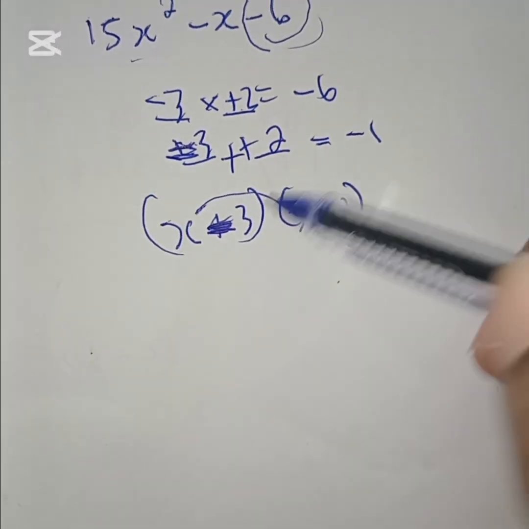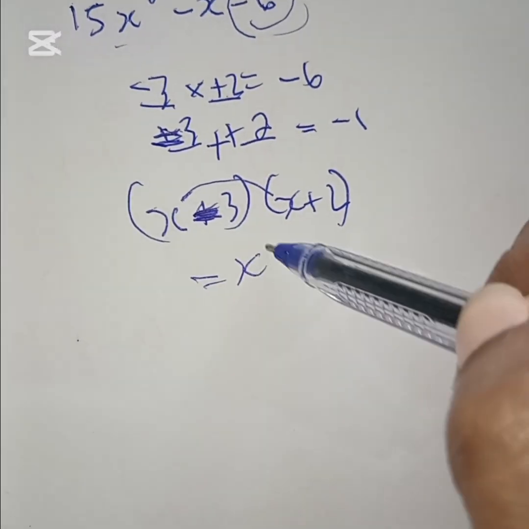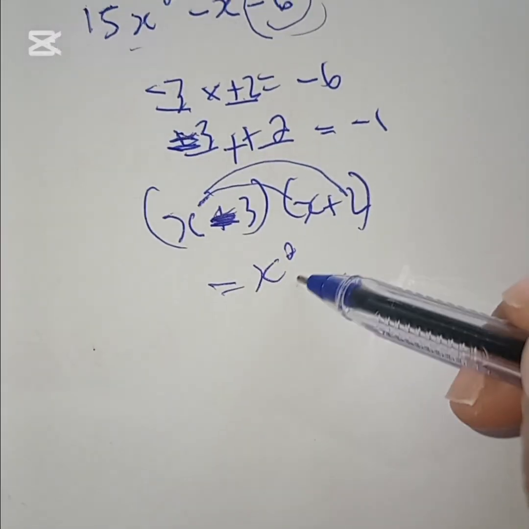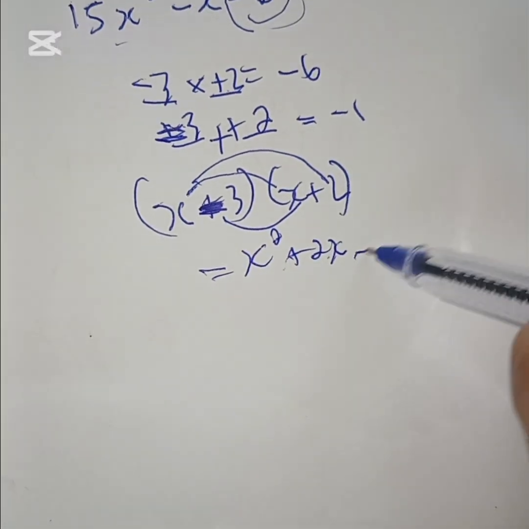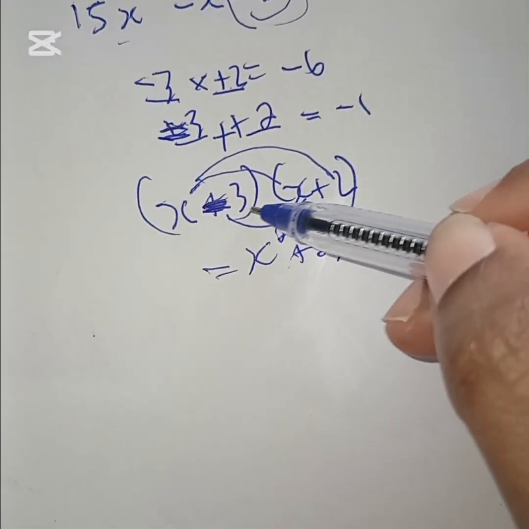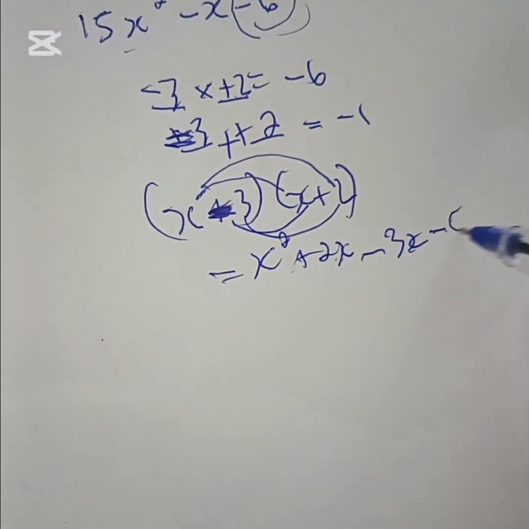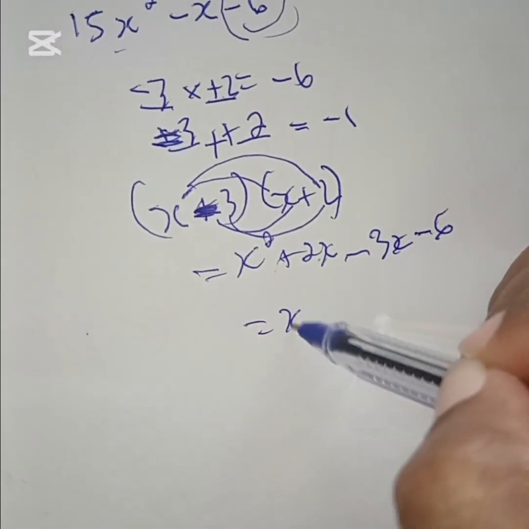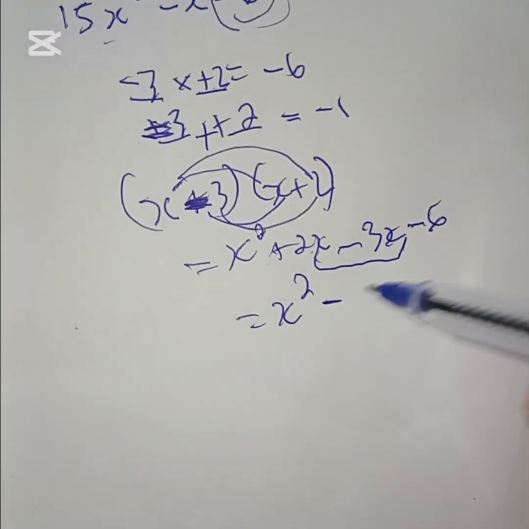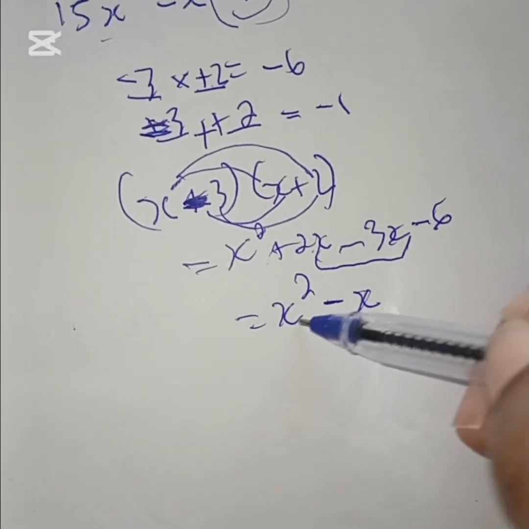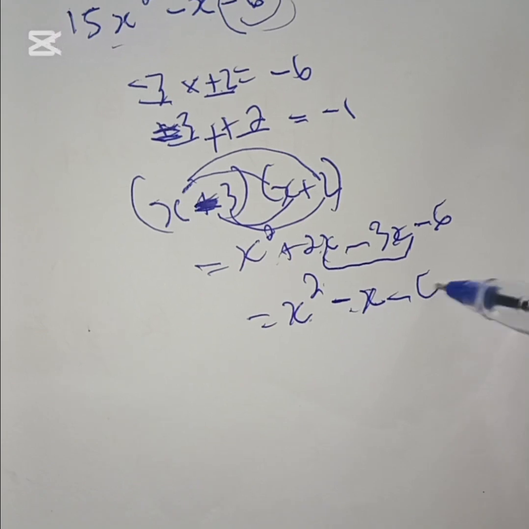it will give us x squared plus 2x minus 3x minus 6, which will simplify when collecting like terms down to x squared minus x minus 6.